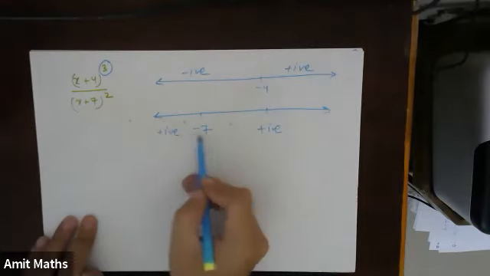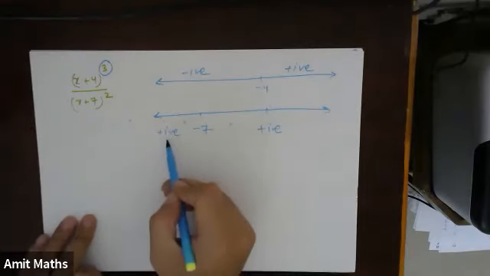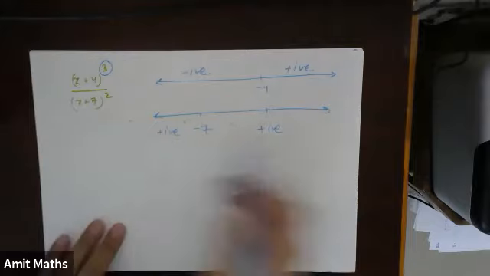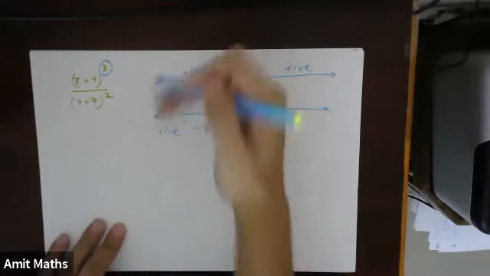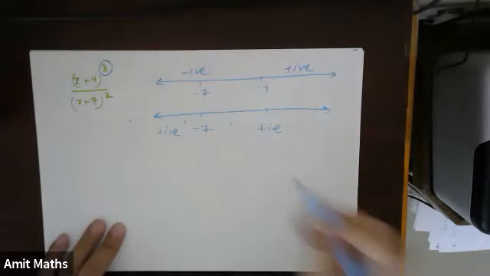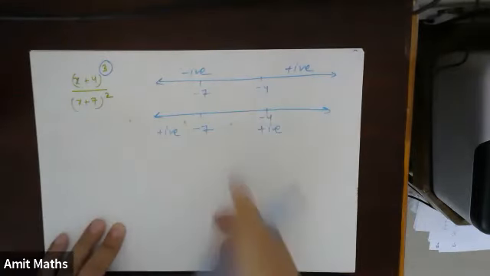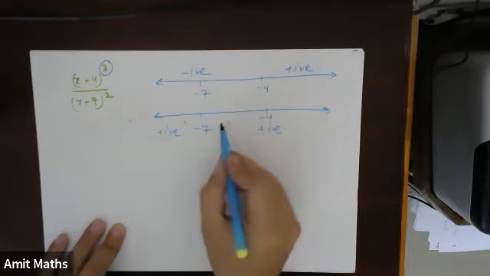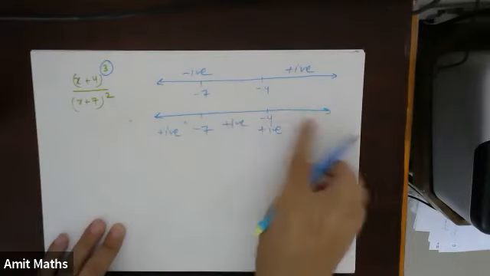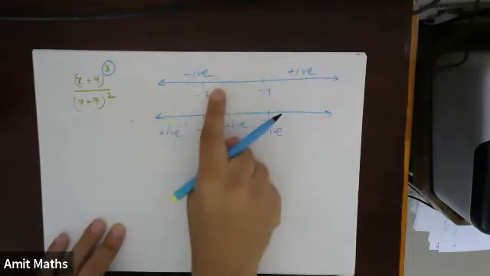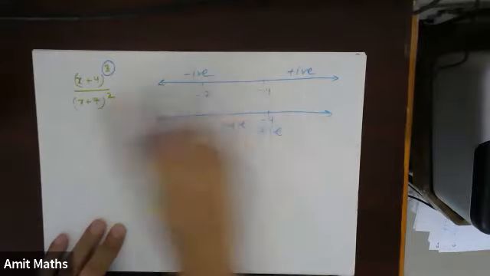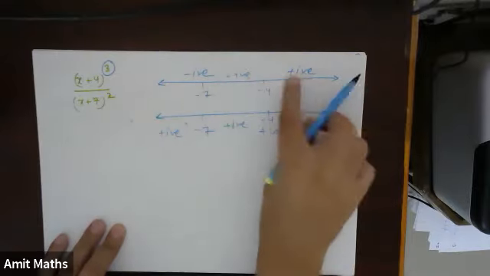Understood? So, to make it similar, I will write minus 7 here and minus 4 here. Between minus 7 and minus 4, this is positive, while the numerator is negative. After minus 4, this is positive.